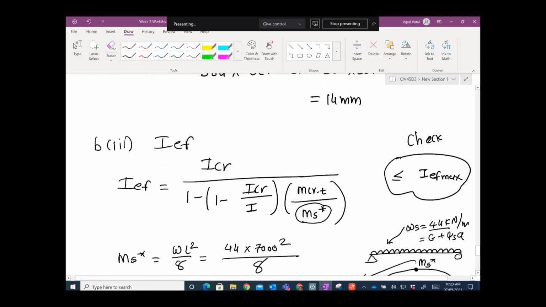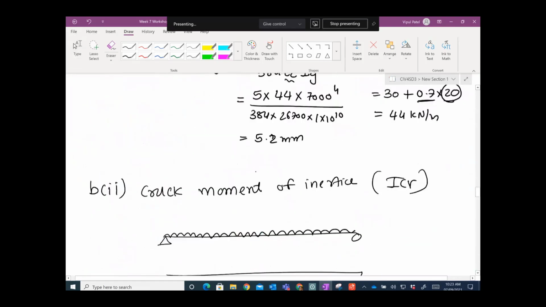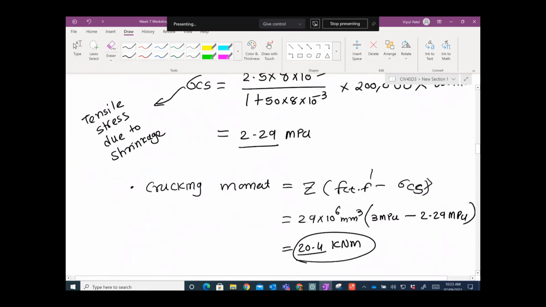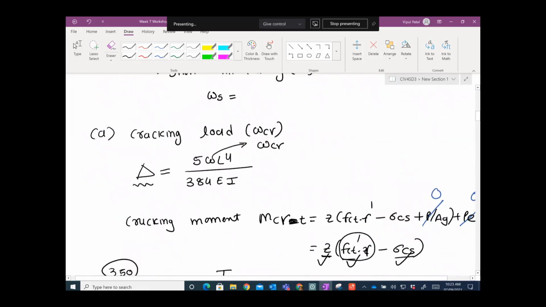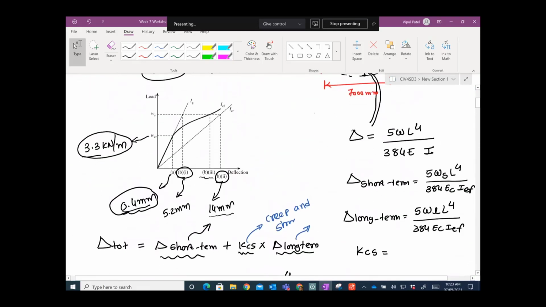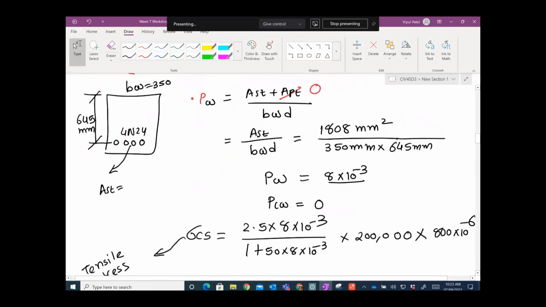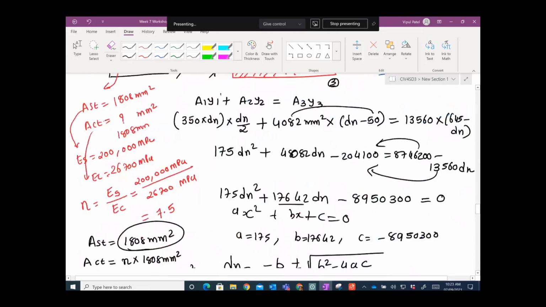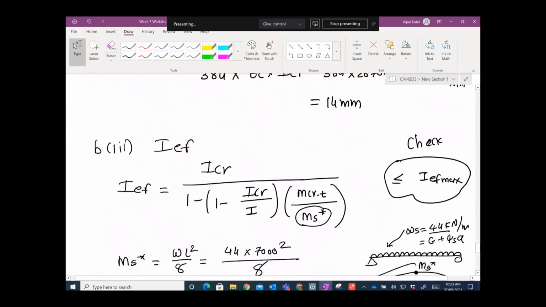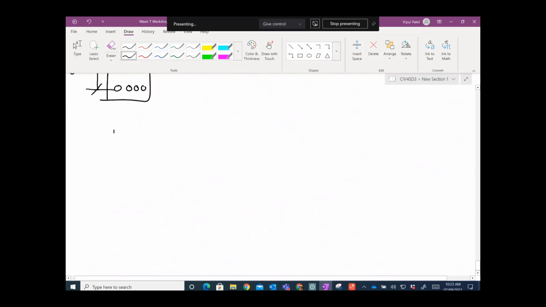Now we have done all these calculations. I think we did not calculate deflection B3 so far. Let's calculate B3 now, deflections due to I effective.